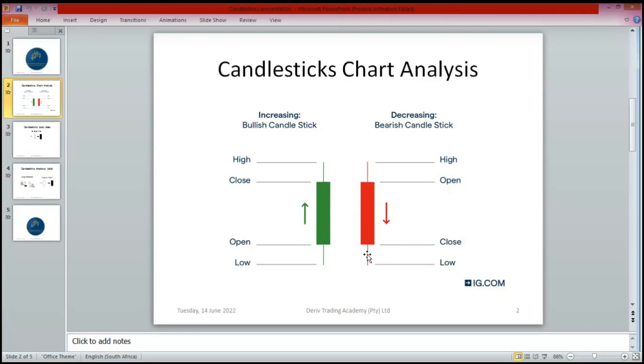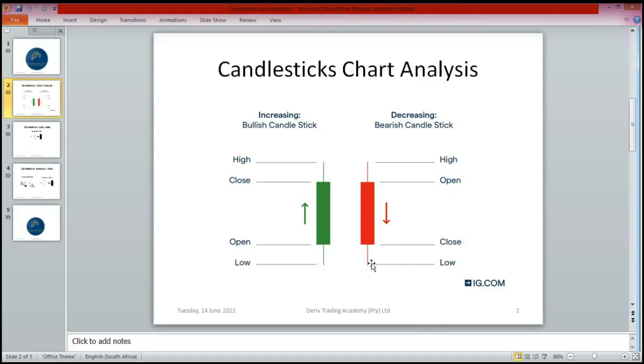If the closing price is above the opening price, we can say that the candlestick is bullish, which means that the market was rising during that period of time. If the closing price is below the opening price, like this one, we can say that the candlestick is bearish, which indicates that the market was falling during that session.